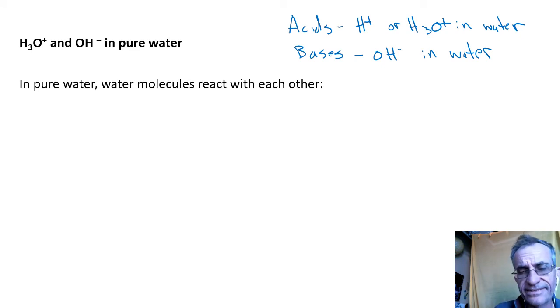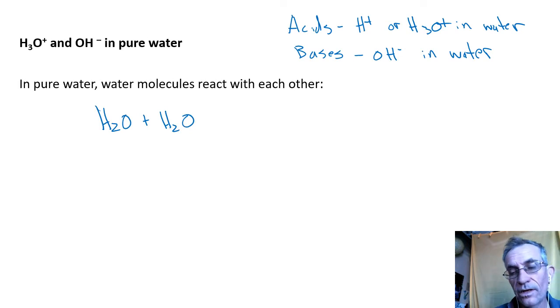The way it can basically happen is two water molecules can collide with each other, and one water molecule can give up one of its hydrogens to the other. So a hydrogen can get transferred from one water molecule to the other one.